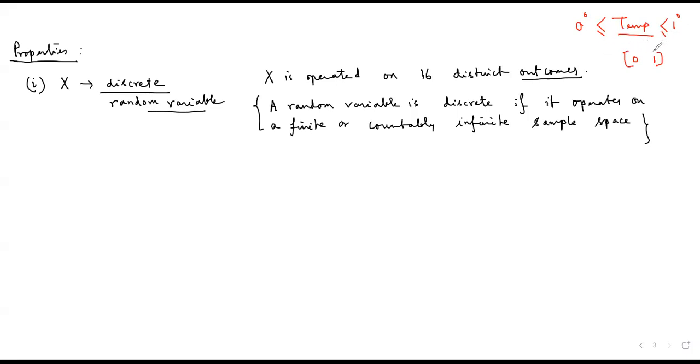They are not finite, they are not countably infinite. You do not know where to start your counting. So this sort of random variable is not a discrete random variable. It is only a matter of having a precision device which can give me each and every temperature which can happen between 0 degrees centigrade and 1 degree centigrade. So this category is not a discrete category.